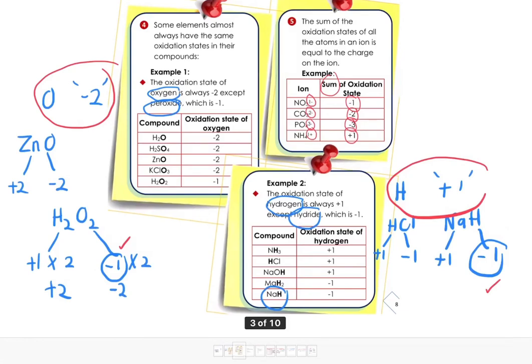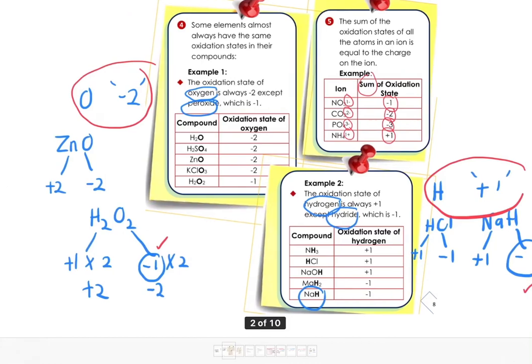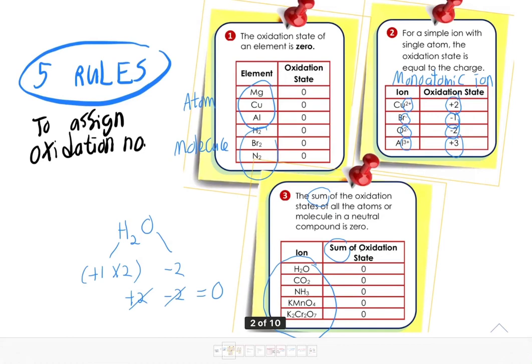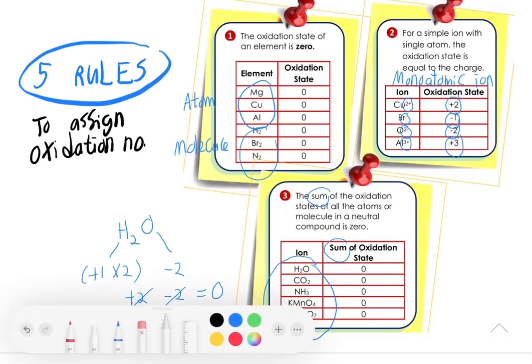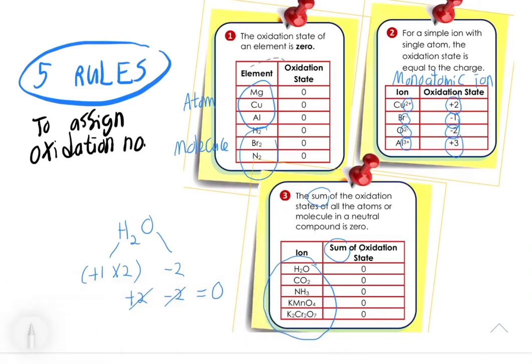So before we go on to example questions, first let us review the 5 rules to assign the oxidation number of an atom or an element in a compound. So the first one, the element in its elemental form is always 0, and it could be in atom or in molecule form.